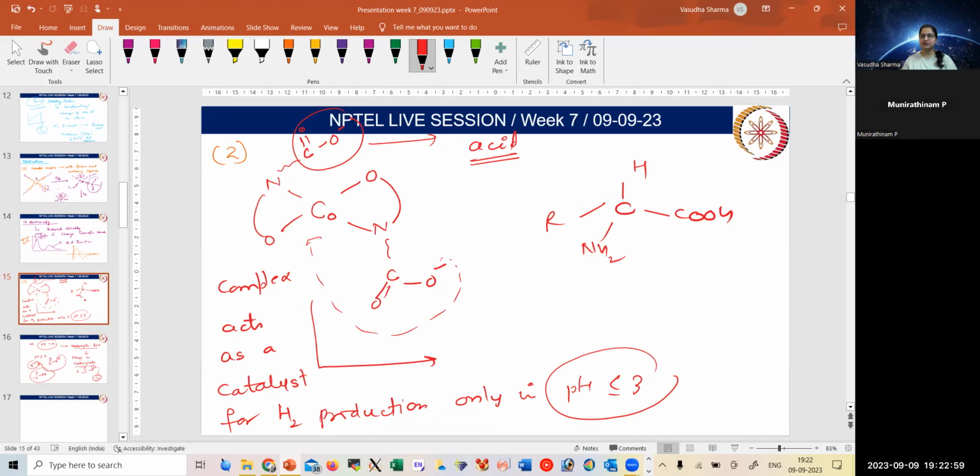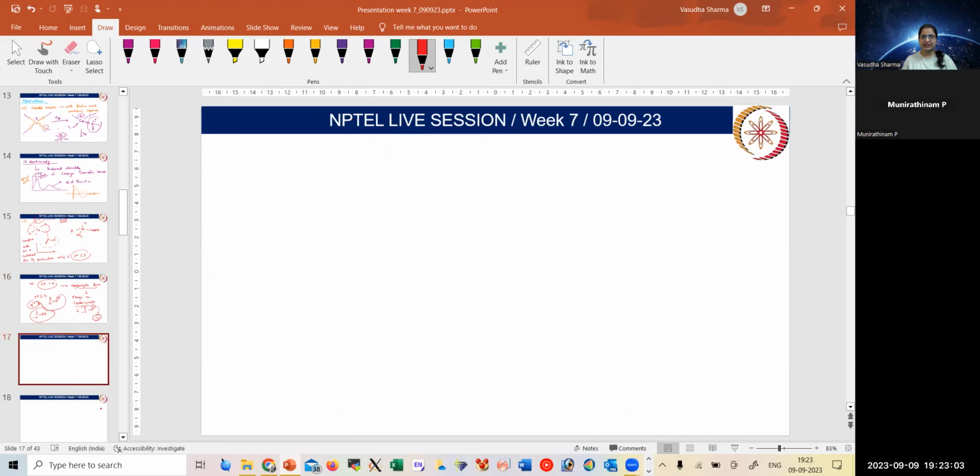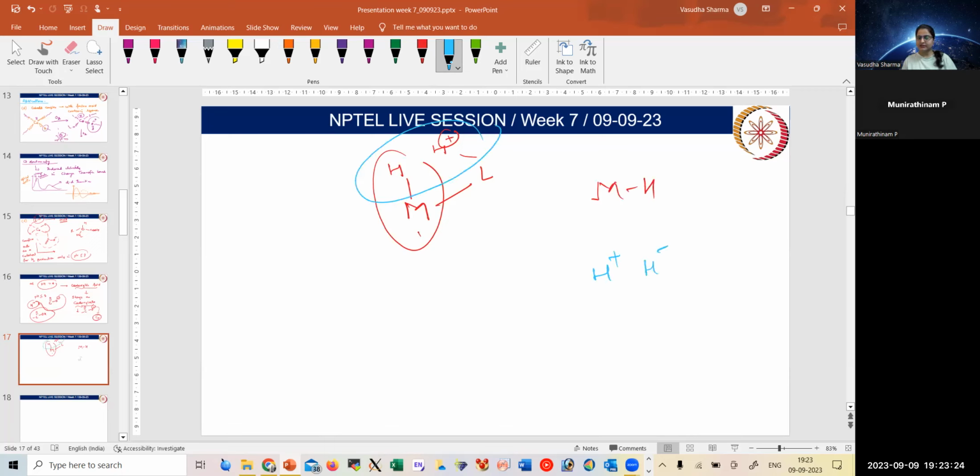As I was showing, when this particular moiety combines over here, there won't be any H2 production. For H2 production, the mechanism requires a metal coordinated to a ligand that has an H source acting as H positive, and there should be a possibility of having a hydride. A metal hydride bond should form, and ultimately this H positive and H negative combine to give H2 evolution.